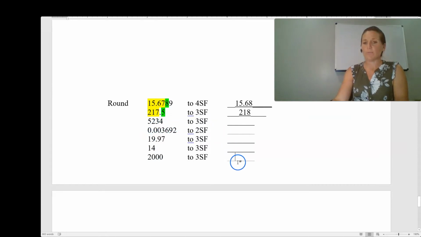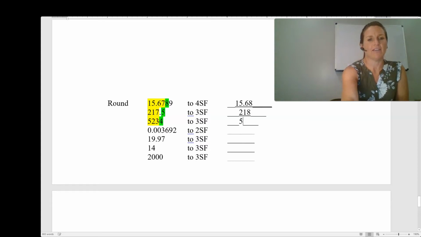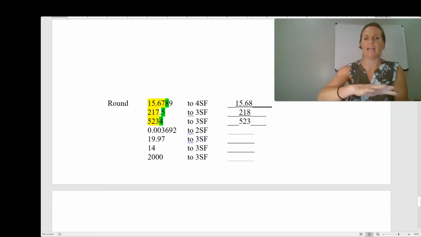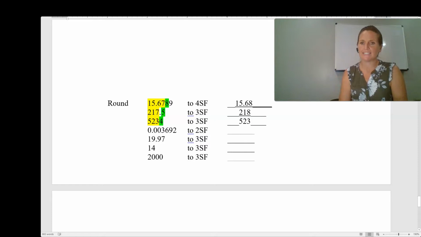For our third value, we have 5,234, and we want to round this to three significant figures. So what do we do? We find our three significant figures. 5, 2, and 3 are all significant, and that means that 4 is our deciding digit. Since 4 is less than 5, we're going to go ahead and hold. So we say 5, 2, 3, and hold. Does that make sense?